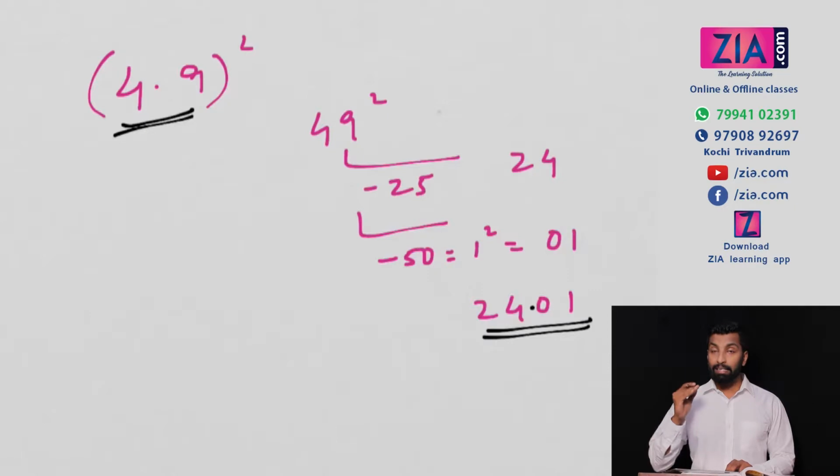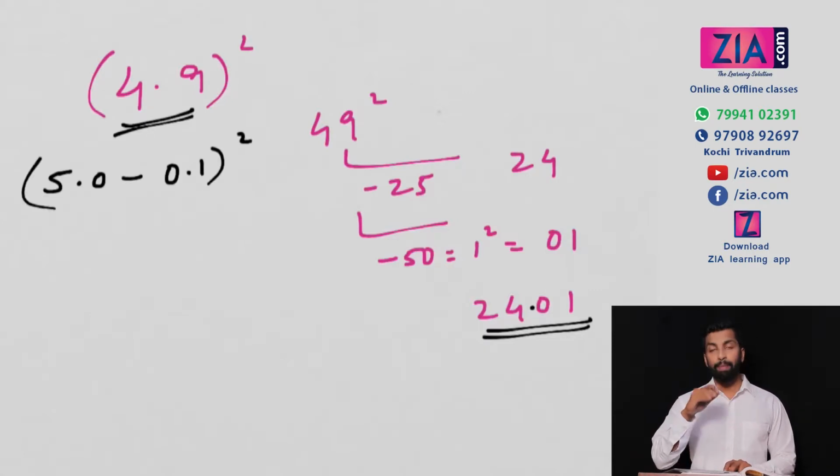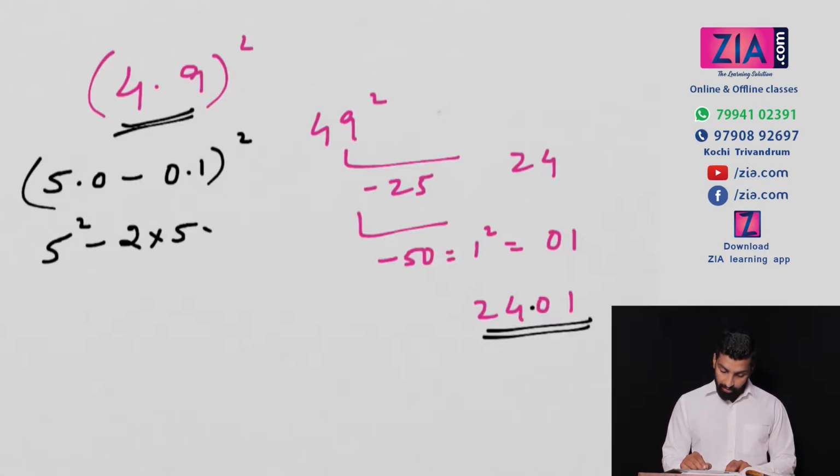But here what they asked is by using the identity you need to find. So how will you use it? You can write 4.9 as 5.0 minus 0.1 whole square. 5 minus 0.1 is 4.9. Now you expand the bracket. This is going to be 5 square minus 2 into 5 into 0.1 plus 0.1 square.